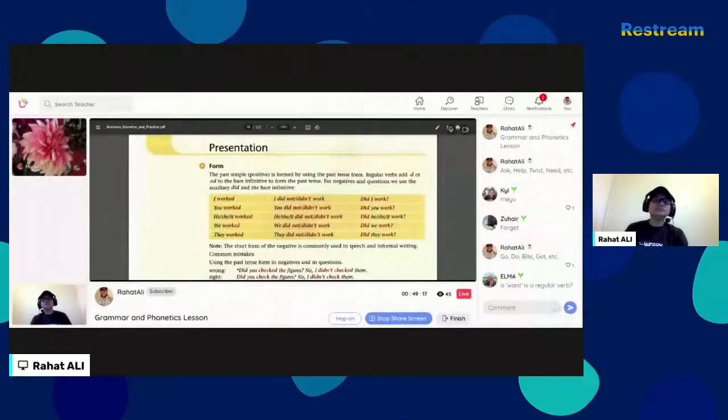Okay, teacher. Regular verbs are verbs that we need to add the letters ed or d to. That is the regular. Irregular verbs change when you are talking about the past. For example, a regular verb is play.